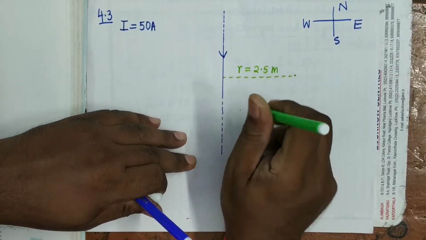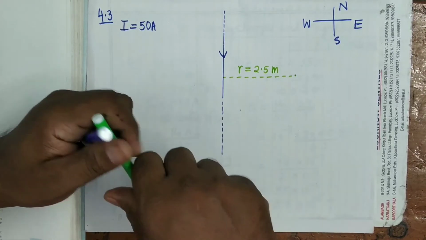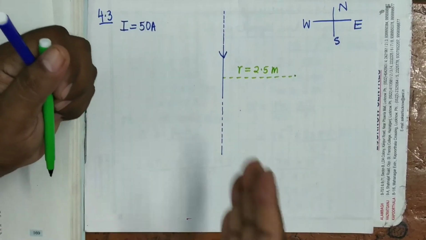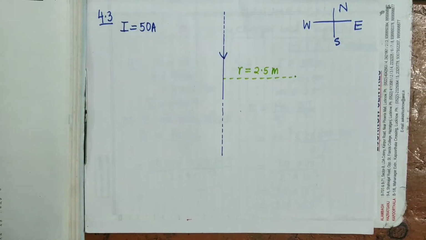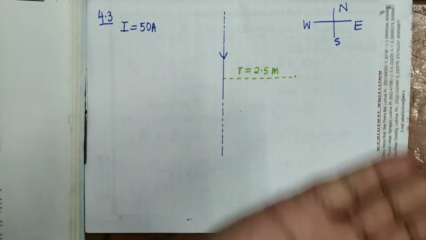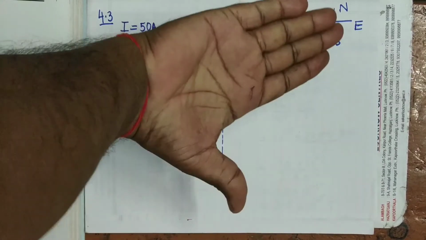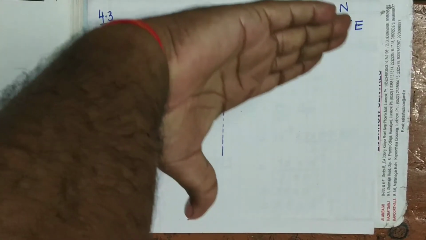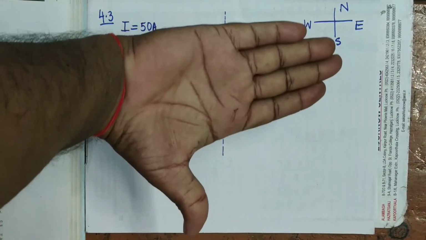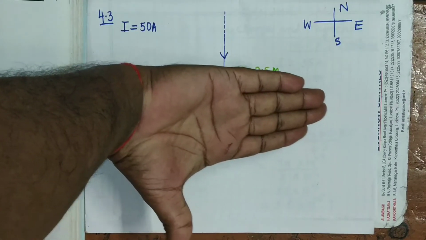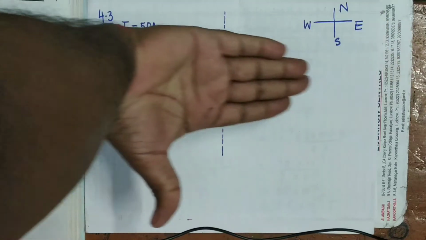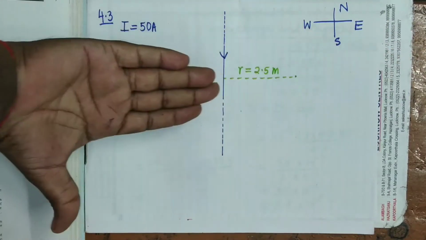So see here, what will be the direction of magnetic field? The direction of magnetic field can be found by using the right hand palm rule. You will place your right hand palm in such a way that the thumb is in the direction of current and fingers are towards that point at which magnetic field is required.